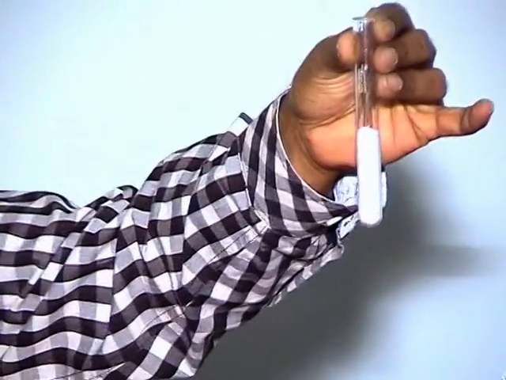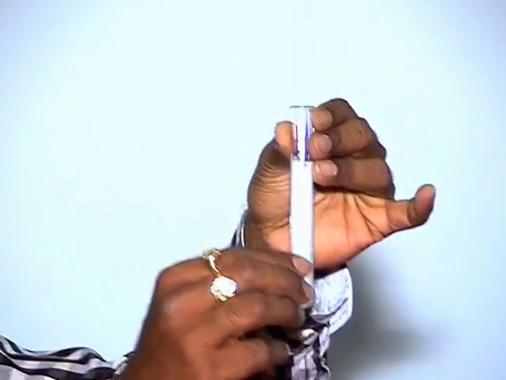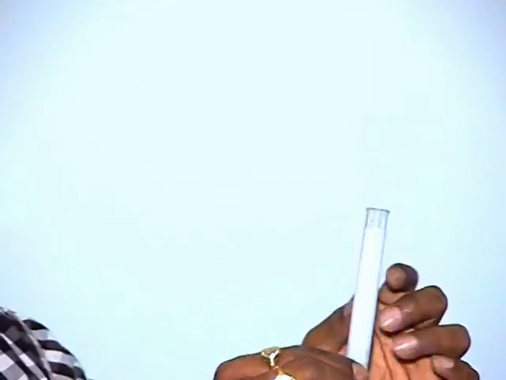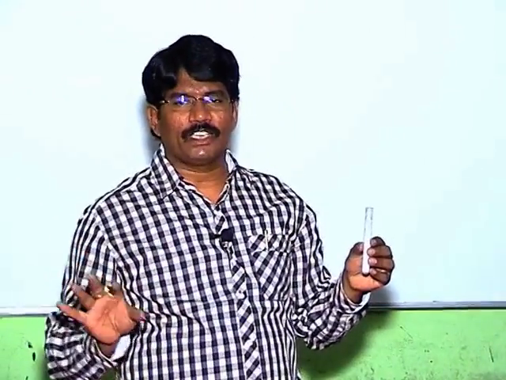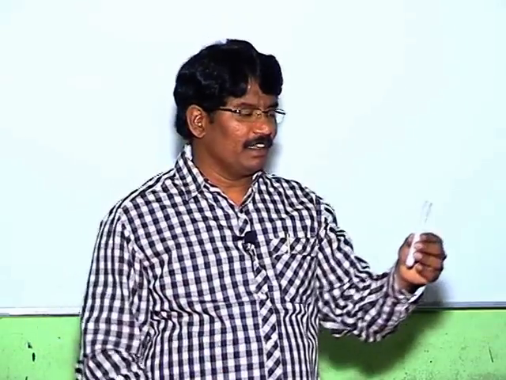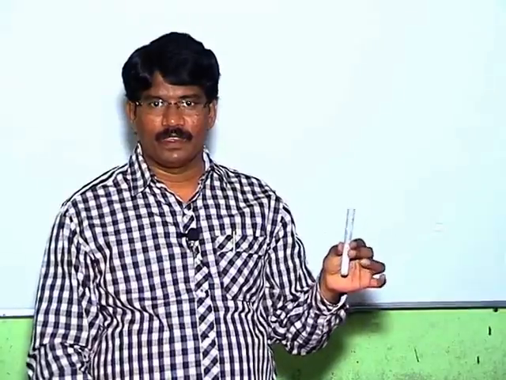Immediately you will find that some reaction is going on in the test tube. Then you can smell the gases, and if you get pungent smelling, colorless gases with a strong odor, then the given salt contains chloride.